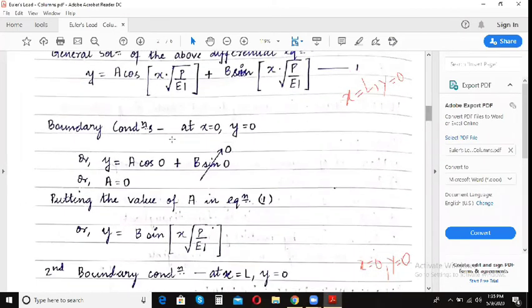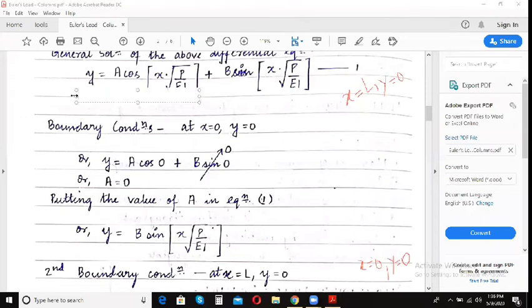So we are putting the first boundary condition in this total solution, right? Let me write it down for you.